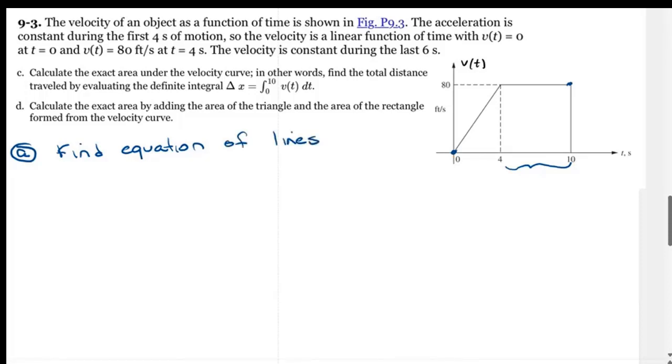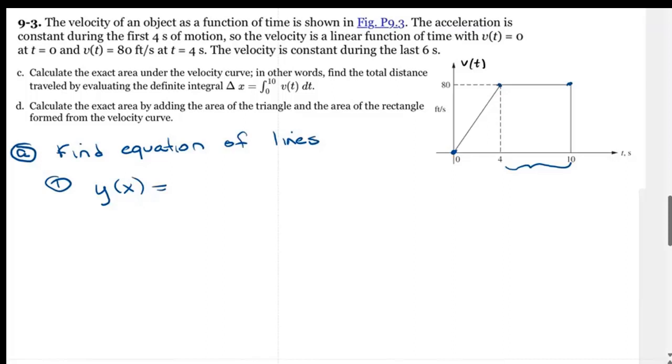I'm going to start here with from 0 to 4. Well, I know my y-intercept is 0. So I have y of x, or just y, equals mx plus b, where b is 0. M is going to be the slope.